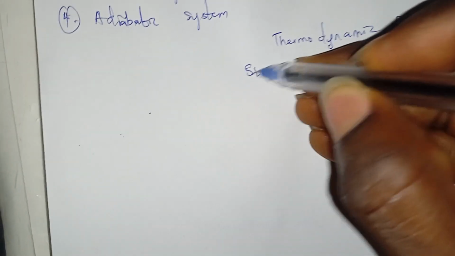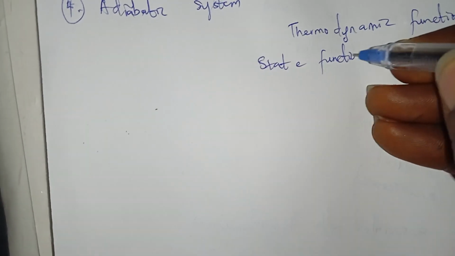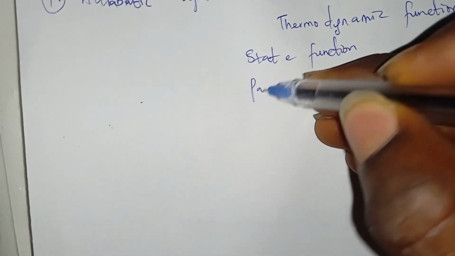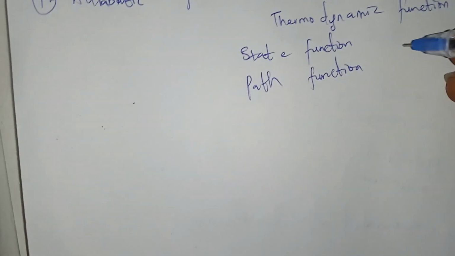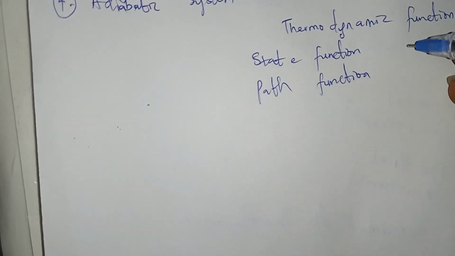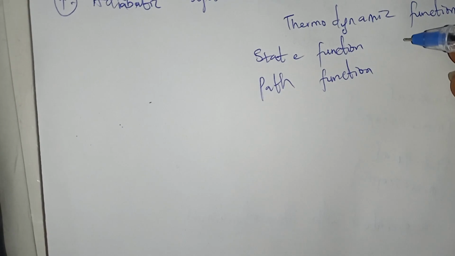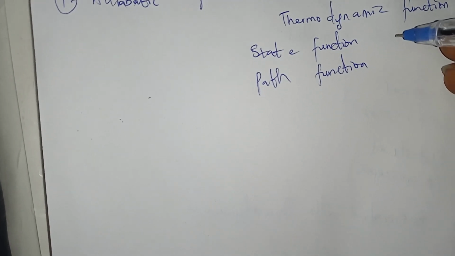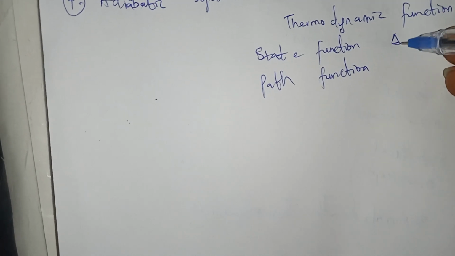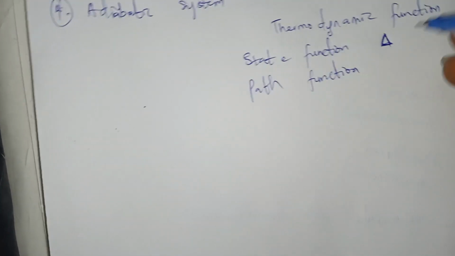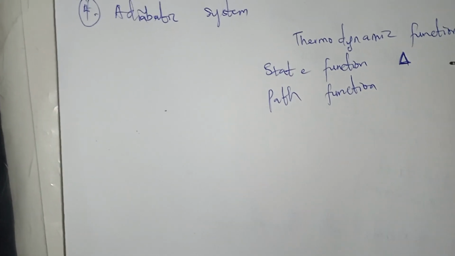We have the state function, and we have the path function. Whenever you see any terminology in thermodynamics having something like this, changing, it is a state function, but the ones not having it is a path function.